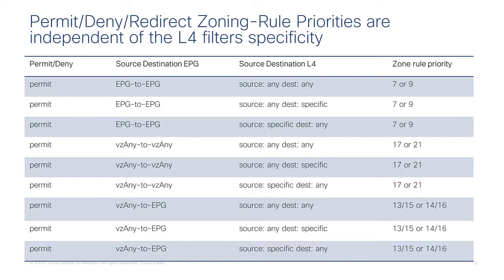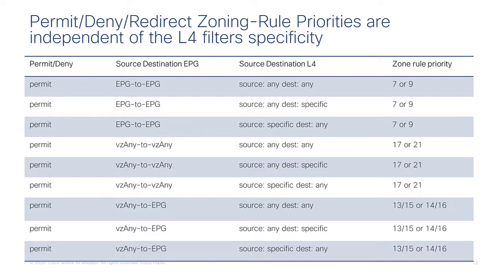What that means is that even if you have a vzAny to vzAny rule that has a match for, let's say, port 80, and then you have an EPG to EPG rule that has a match for any layer 4 ports, it doesn't change the priority. The EPG to EPG is priority 7 and wins over vzAny to vzAny, no matter the specificity of the layer 4 ports or protocol matching that you define within that contract, okay?